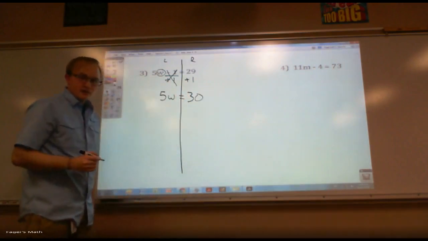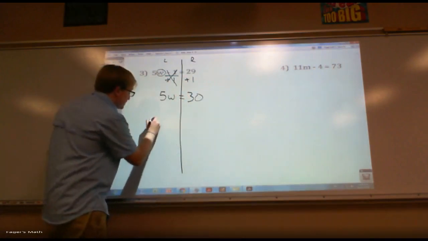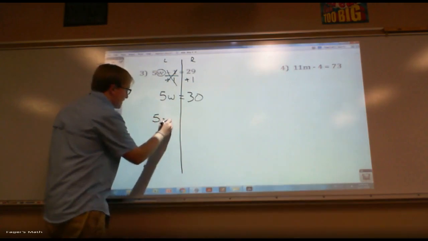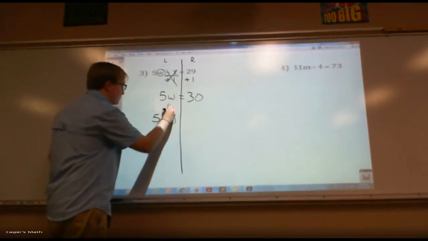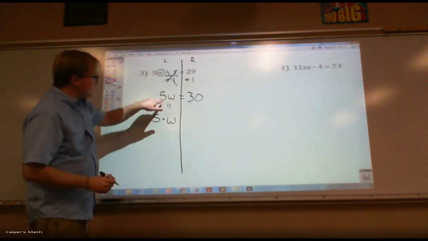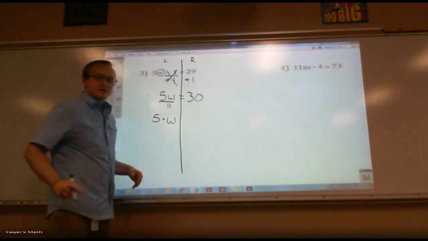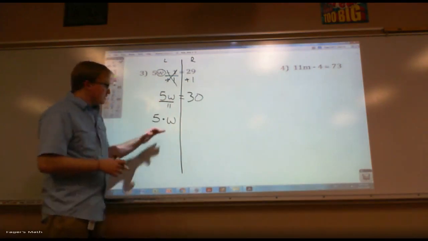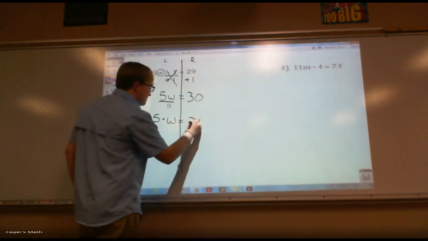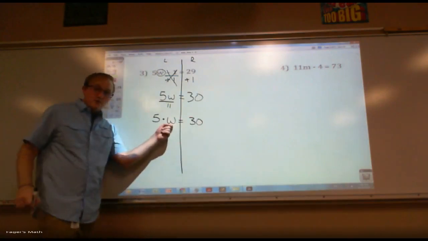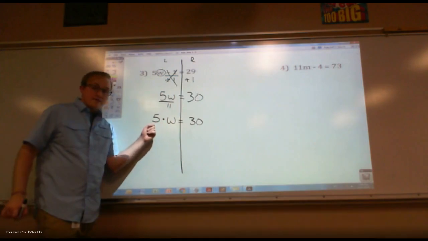Well, that's nice. Remember, this 5w is essentially the same as 5 times w. That closeness right there symbolizes multiplication. So 5w is equal to 30. Now how do I get that w alone if it's being multiplied by the 5?